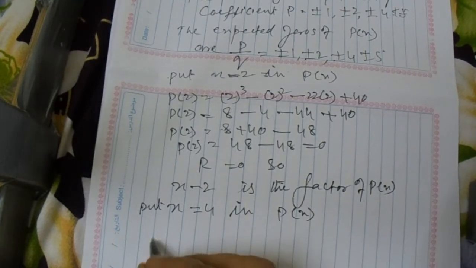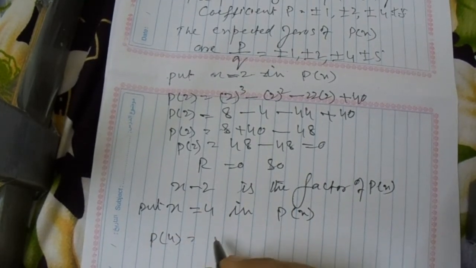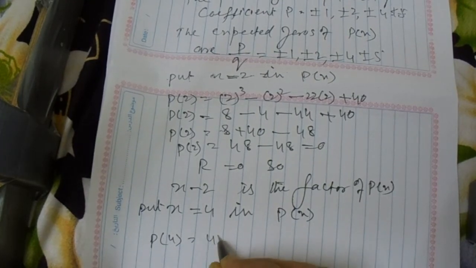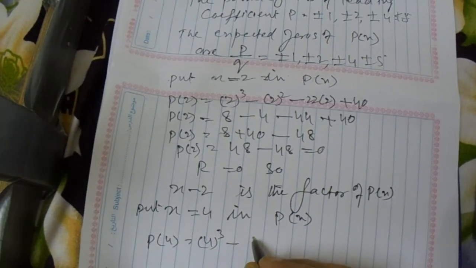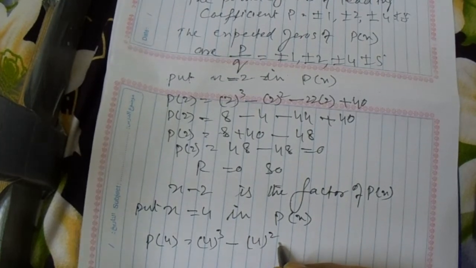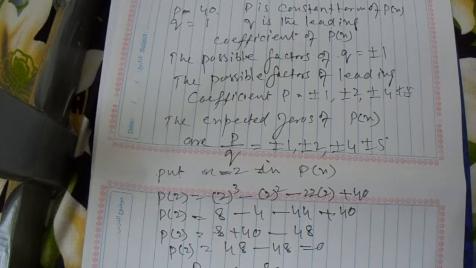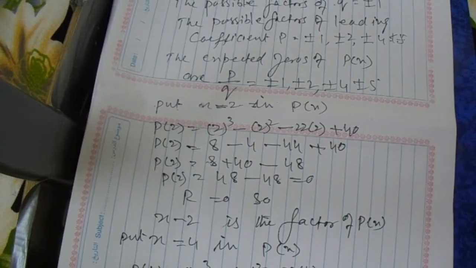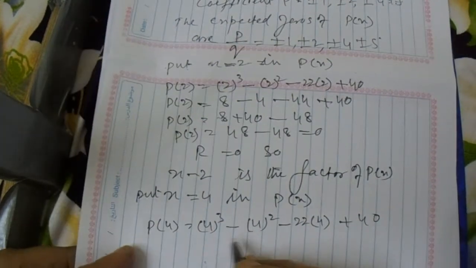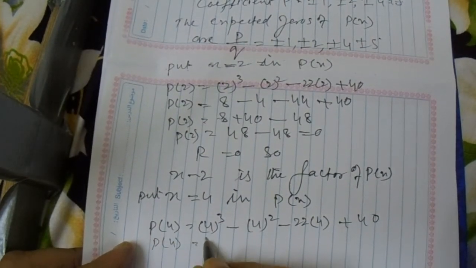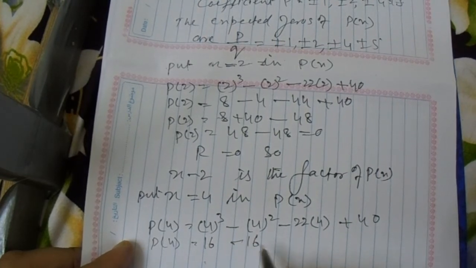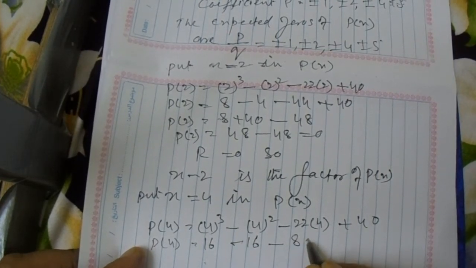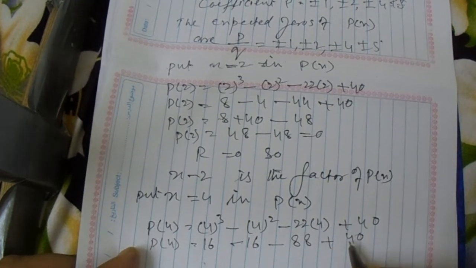Now write here P(4) is equal to 4 to the power 3 minus 2 times 4 squared, minus 22 into 4, plus 40. P(4) is equal to 64 minus 32 minus 88 plus 40.